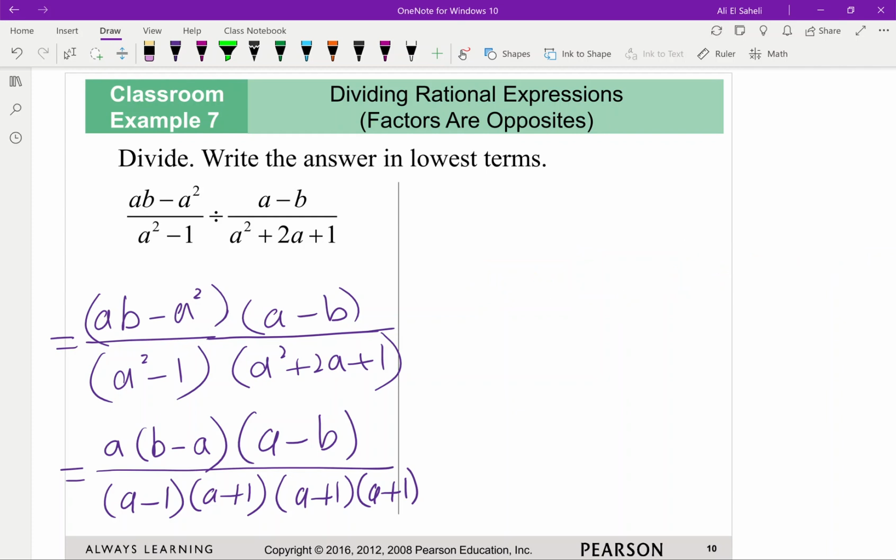Now let's see what we can cancel out. Nothing. Is that the case? A minus 1, a plus 1, a plus 1, a plus 1. Well, actually, yes, we cannot cancel anything. Nothing cancels out. B minus a. Alright, we can simplify though. B minus a, remember b minus a is equal to minus a minus b.